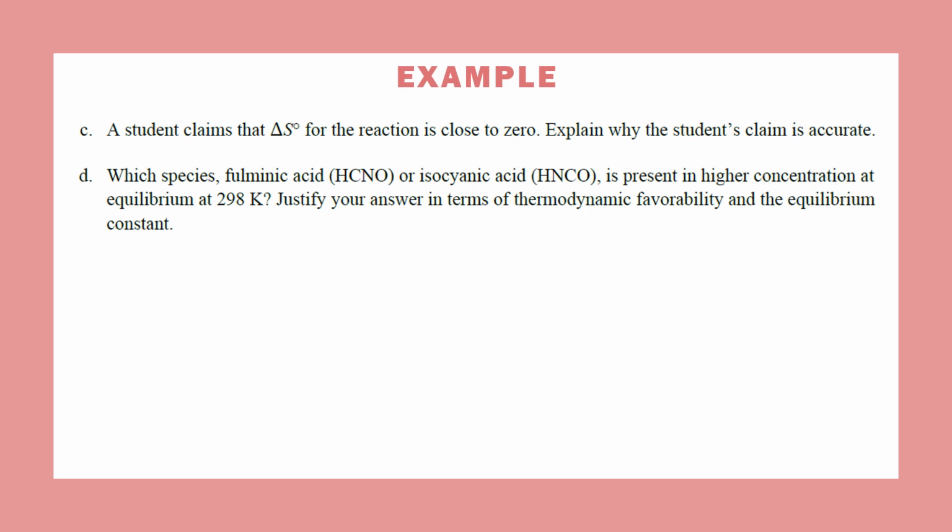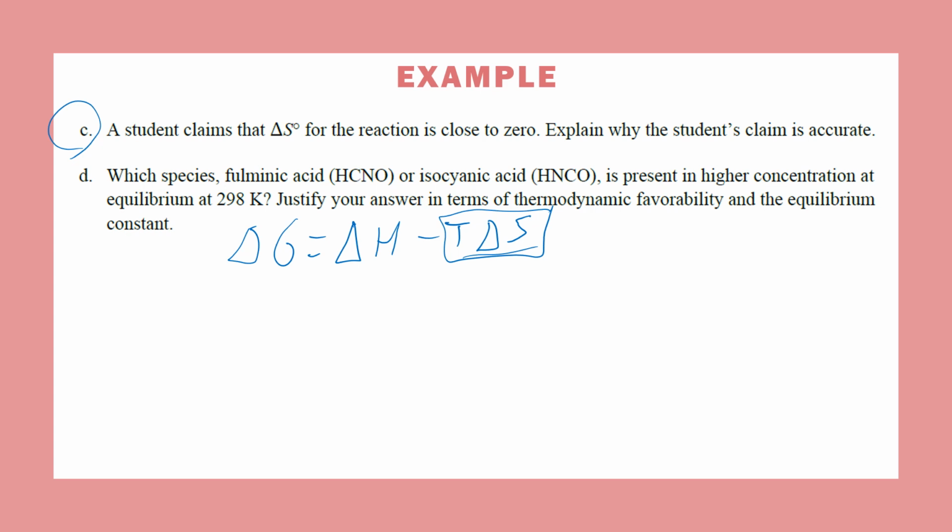For part D, which species, fulminic acid or isocyanic acid, is present at higher concentration at equilibrium? We can use the equation delta G equals delta H minus T delta S. Because we said delta S is close to 0, this term will have very little effect overall.